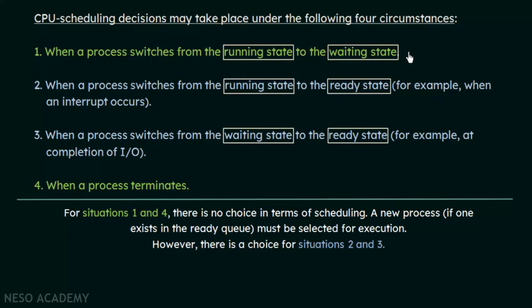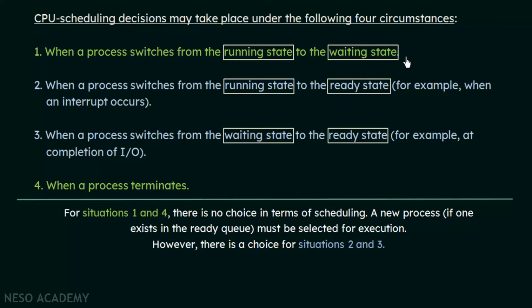We want the CPU to be utilized by some other process at that time so that we can maximize our CPU utilization. So that is why when a process is in waiting state, we have to make sure that another process gets the CPU and can utilize it. So in this point number 1, when a process switches from running state to the waiting state, we have to assign the CPU to some other process for sure.